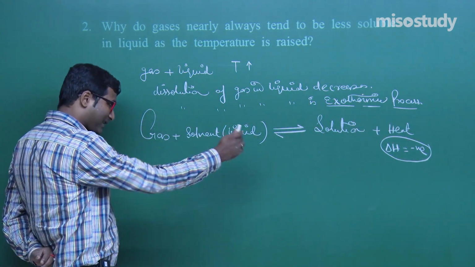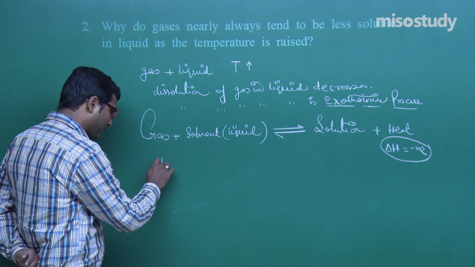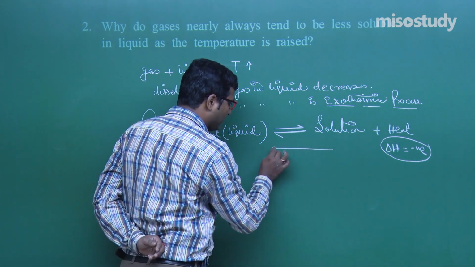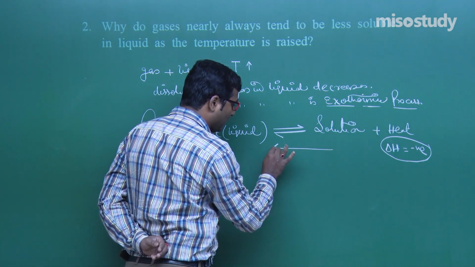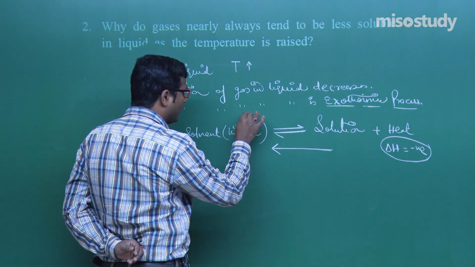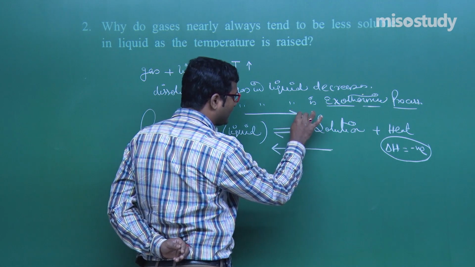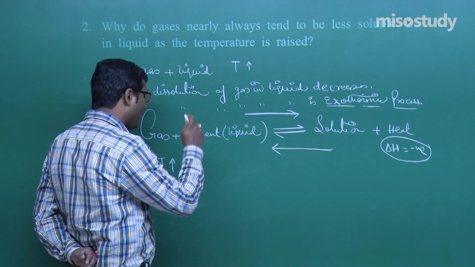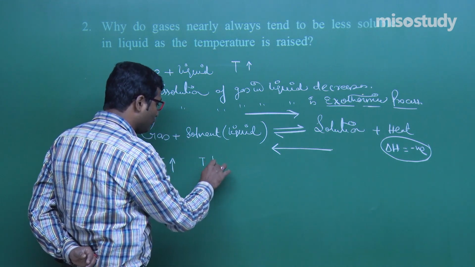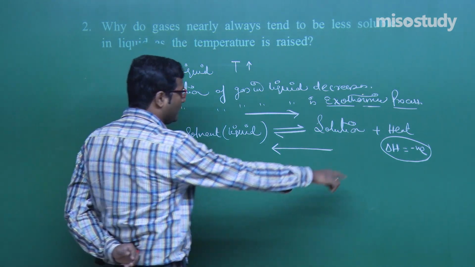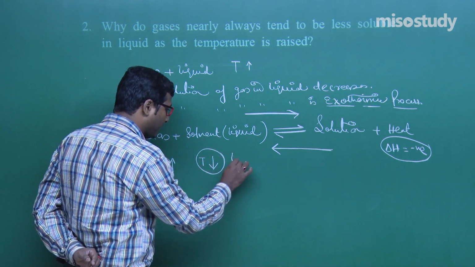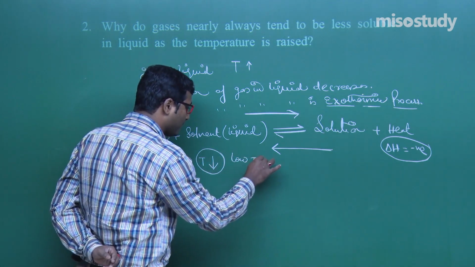For an exothermic process, if we increase the temperature, the process will be reversed, not in the forward direction. So, if you want to move in the forward direction, that is to increase the solubility of gas in liquid, what do we have to do? Lower the temperature, because an exothermic reaction favors low temperature, not high temperature.